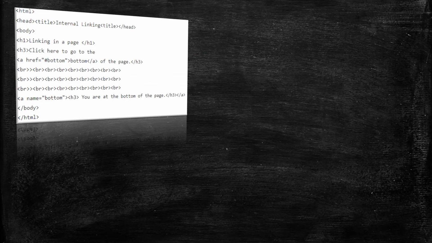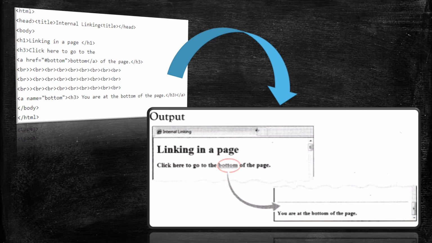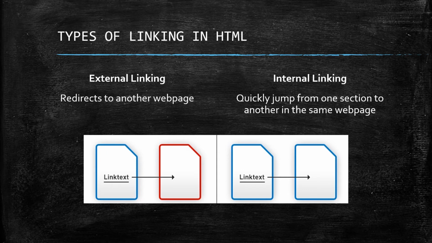Here in this picture, you can see an internal linking has been done. In this internal linking, we have first used the href attribute in order to show the link, and then at the bottom we have used the name attribute in order to name it.